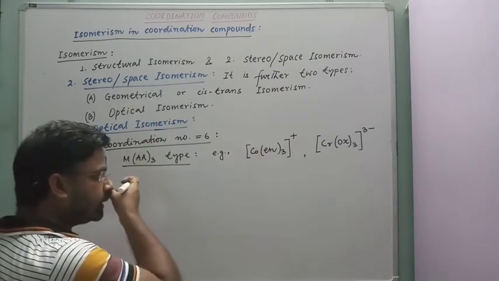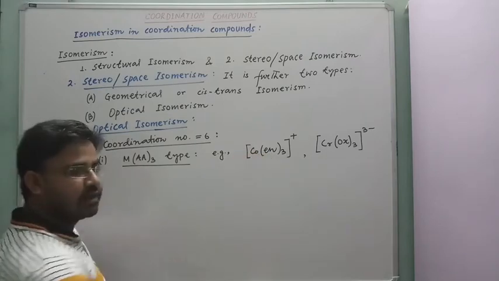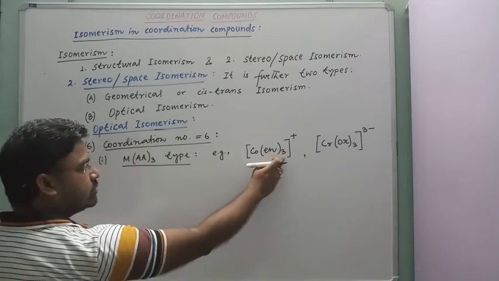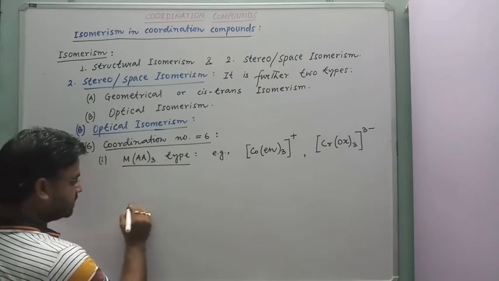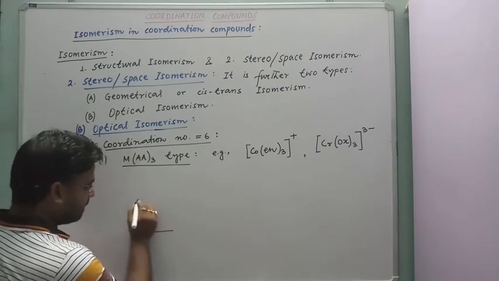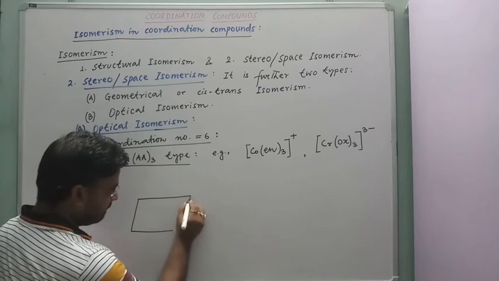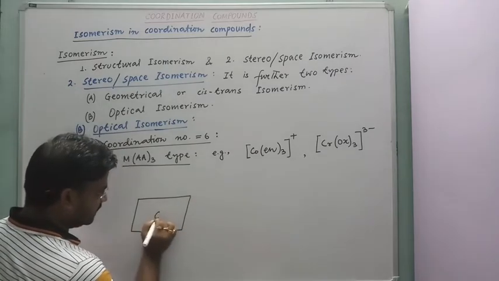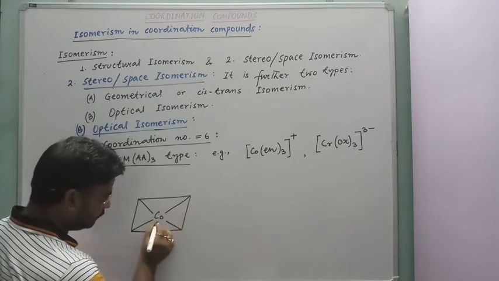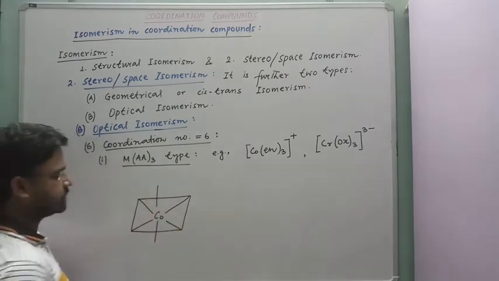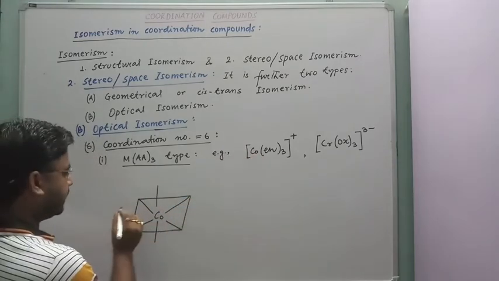See, Co(en)3. En is a bidentate ligand. So 2 into 3, 6. The coordination number is 6. Co, 1, 2, 3, 4, 5 and 6 coordination number. En3.